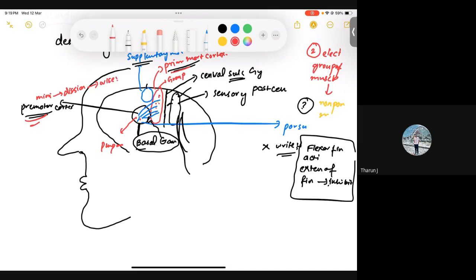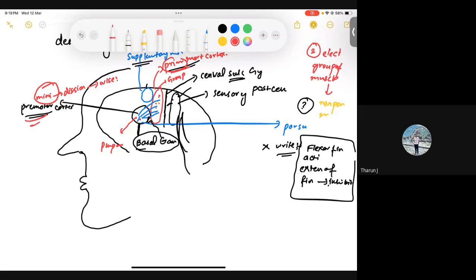Is that clear? Yes. While the primary motor cortex does not have a brain, it only stimulates a group of muscles. So for a fine movement, you need the brain plus the primary motor cortex, right? This brain will tell the primary motor cortex: stimulate this one, stop this one, stimulate this, stop this, right?